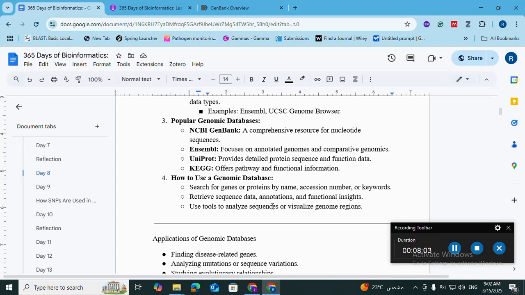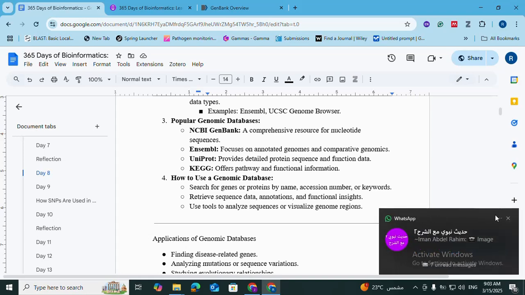Annotation: I have a sequence. I am sequencing an unknown organism in my lab. I have a sequence and I want to know which species it is related to. I enter this sequence in these databases. I can retrieve which organism this sequence is related to and what its function is. This is called annotation. Then functional insight: how this sequence is related to other sequences.